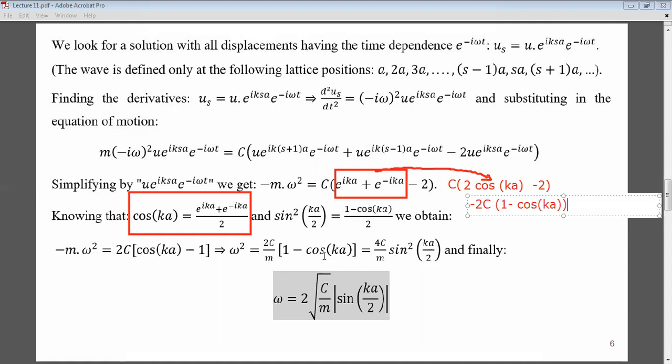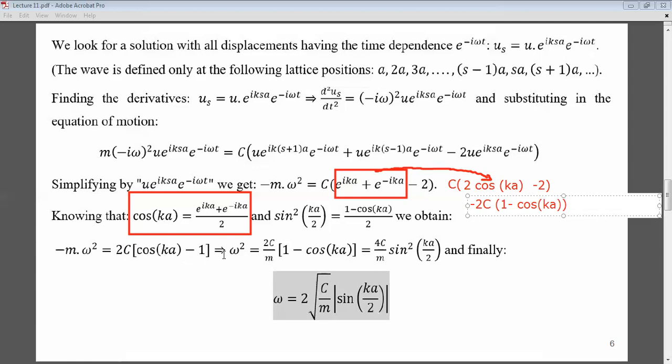Okay, and now I'm gonna use this formula over here, which is 1 minus cosine ka over 2 is sine square ka over 2. Okay, so we're going to use this. Now what will I have left here? Here minus m omega square is equal to 2C outside, into cosine ka minus 1. I introduced the minus inside, and this is how I got the opposite.